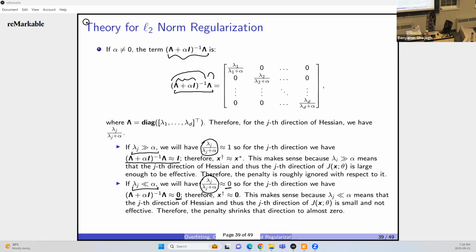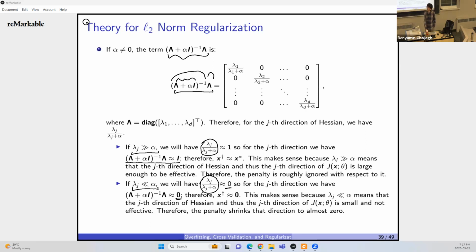So in other words, for elements where lambda j is much greater than alpha, the solution of regularized optimization is the same as if you don't have any regularization for those directions. But for those directions or dimensionalities where lambda j is much less than alpha, the solution of regularized optimization shrinks to 0. Shrinks, reduces, right? Did you understand the meaning?